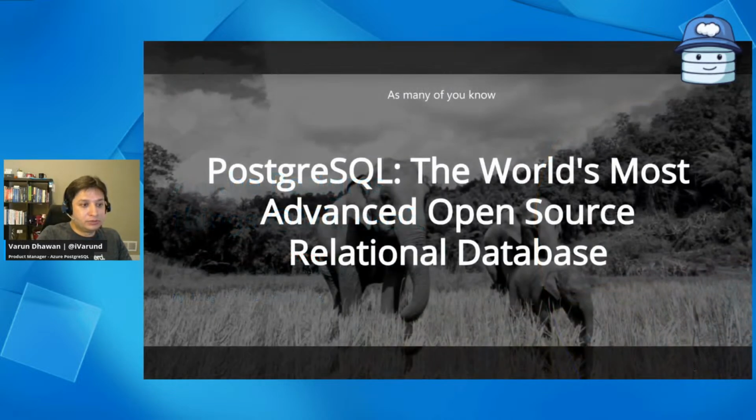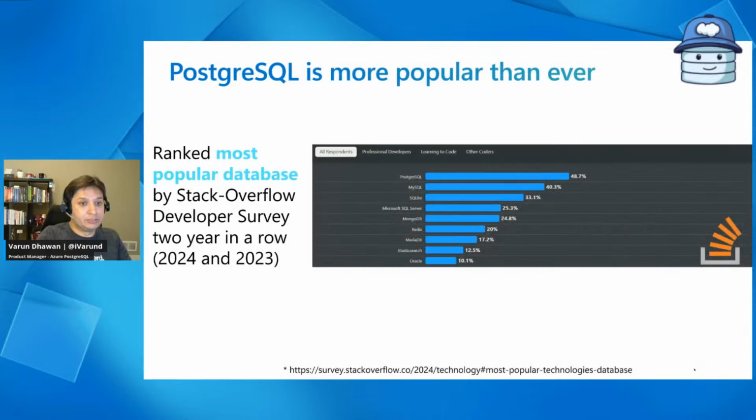Now, Postgres is the world's most advanced open source relational database, and this is something that we don't just say. It's pretty much there all over. This is the most recent Stack Overflow developer survey, I think as recent as 3 weeks before Stack Overflow launched it, and you can clearly see Postgres quite ahead of some of the other well-known databases. With high regards, every database serves a purpose.